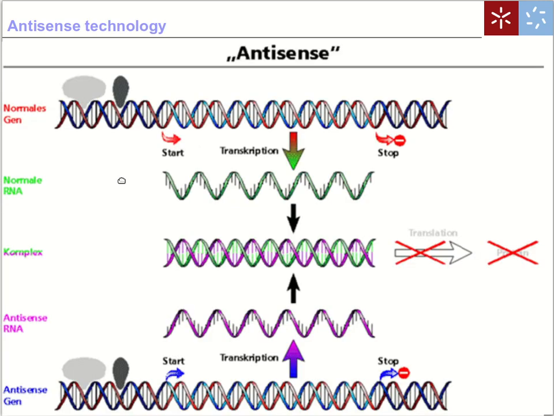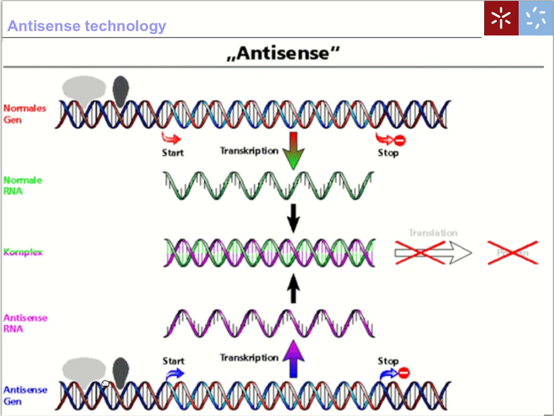If we look at this antisense technology in more detail, we have the normal gene here, in the double-stranded DNA. We have a start and a stop, and the transcription results in a normal mRNA. Normally this will then go on to be translated by the ribosome.